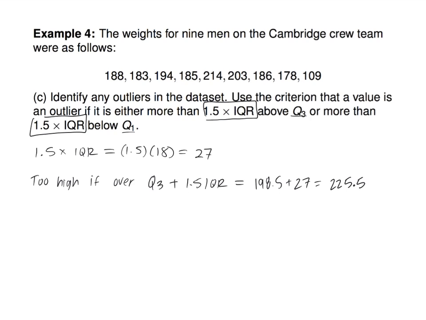And you're too low if you're below Q1 minus 1.5 IQR. Do you see that it's above Q3 a certain distance or below Q1 a certain distance? So that's going to be 180.5 minus 27, which is 153.5.